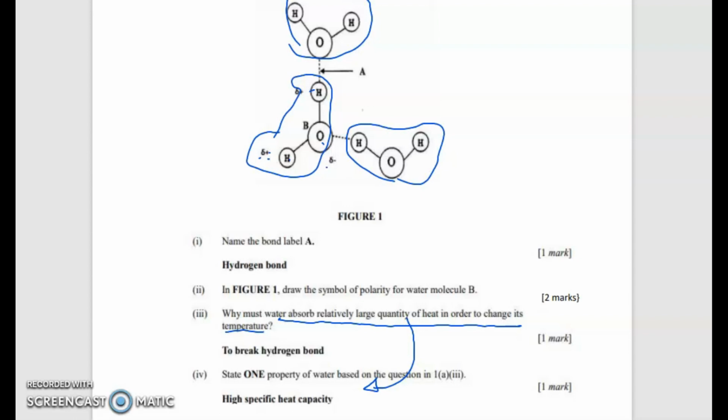If you refer to your notes, I asked you to remember the meaning of these properties. If you can remember the definition, very good. The definition is the amount of heat required to be absorbed or lost by 1 gram of substance to change its temperature by 1 degree Celsius.